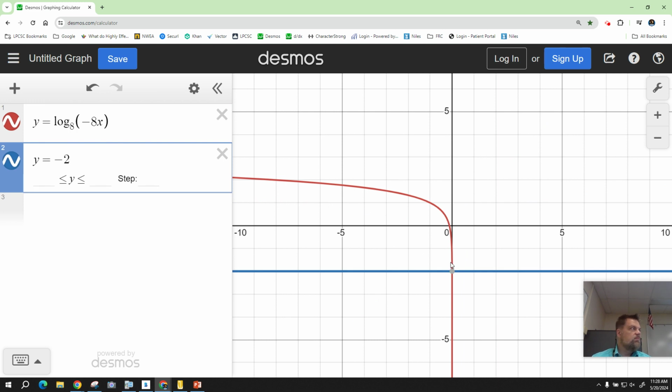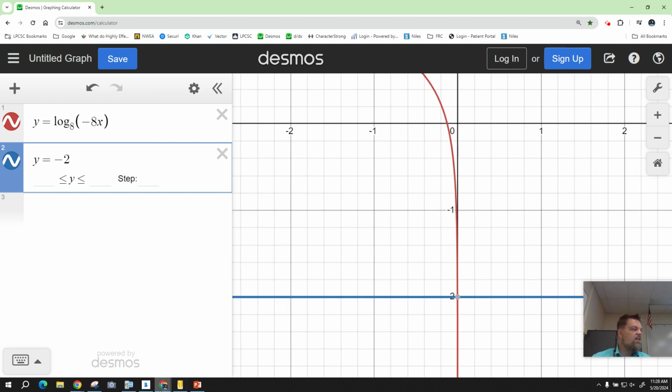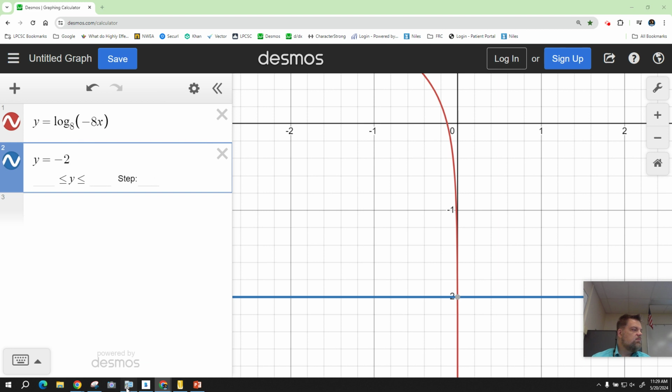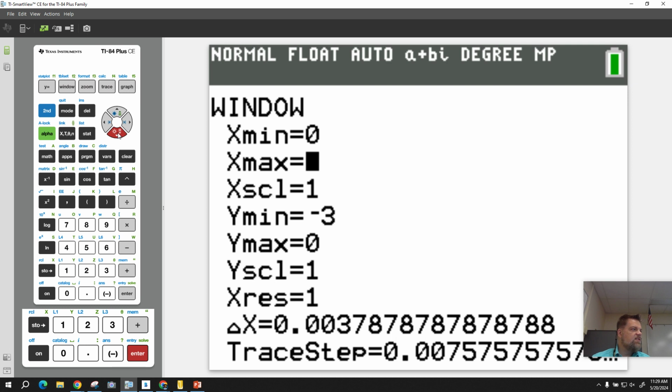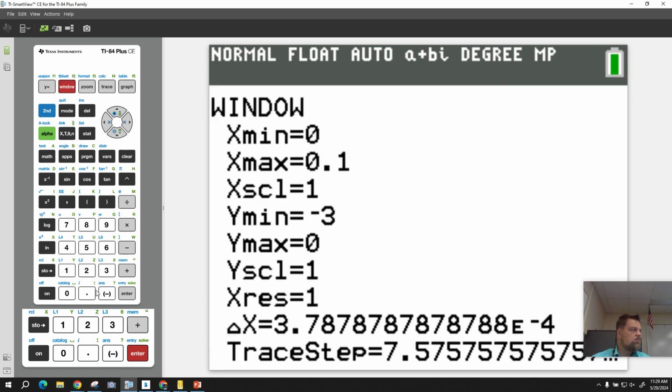But they don't even have a log option on this. Actually, I think... I'm going to change this one to, my max needs to be like 0.25 or 0.1.